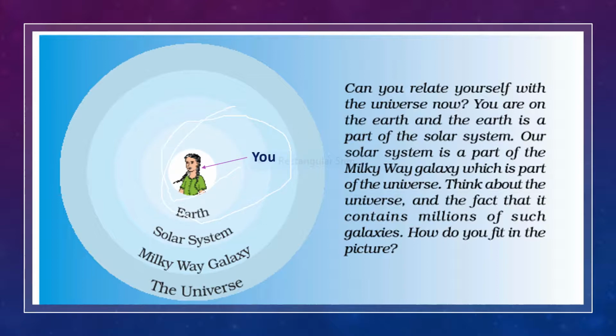You are present in the Earth, and Earth is present in the solar system, and the solar system is present in the Milky Way galaxy, and the Milky Way galaxy is present in the universe. So the largest one is the universe. Now friends, I think you are clear with your position, where you are and what is the Earth's place, what is the solar system, what is the Milky Way galaxy, what is the universe. Now we'll do the exercises.